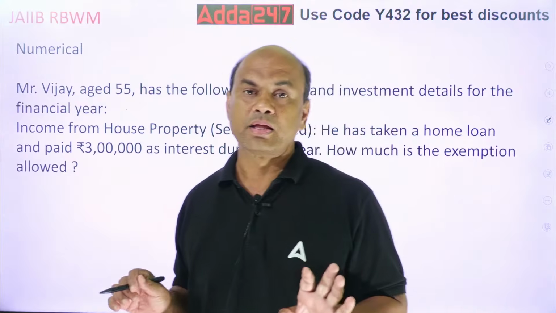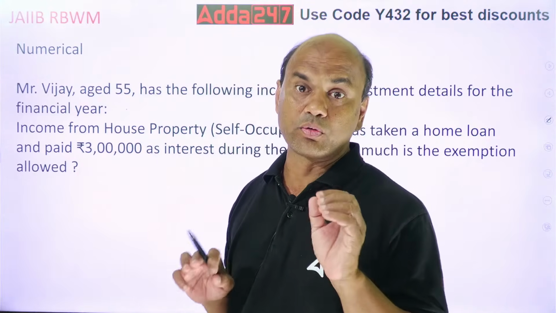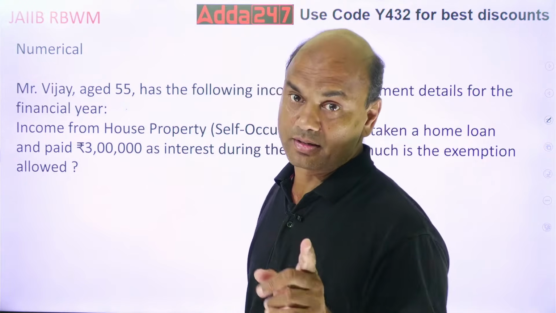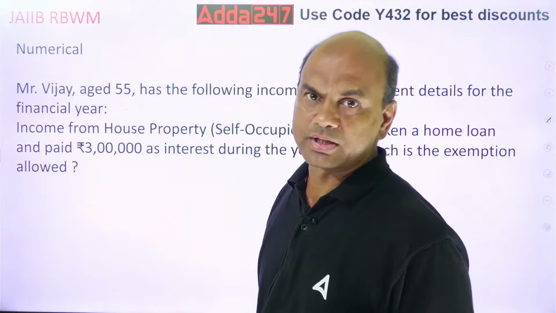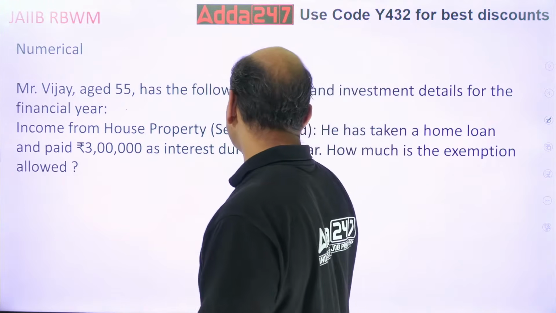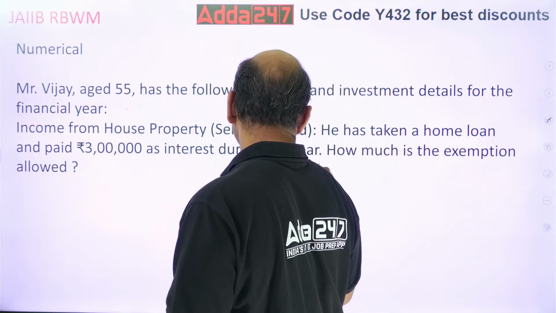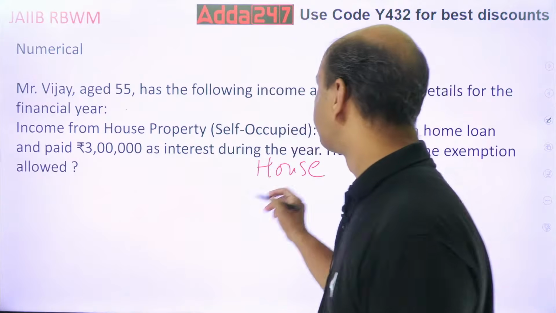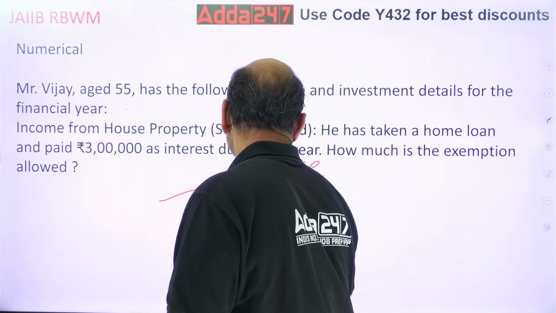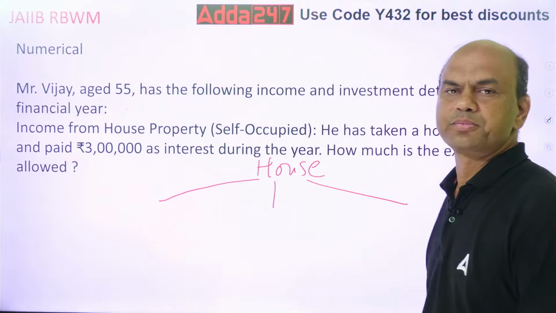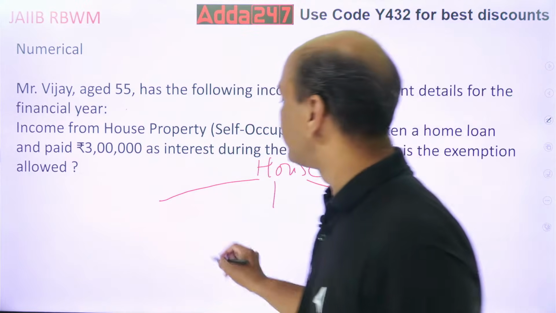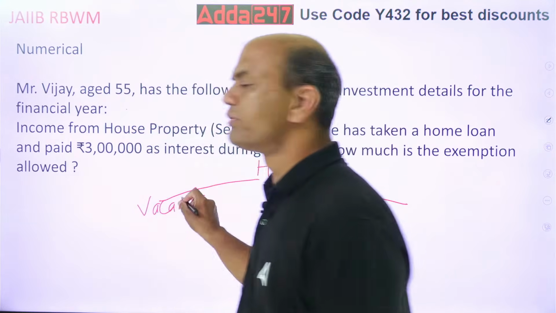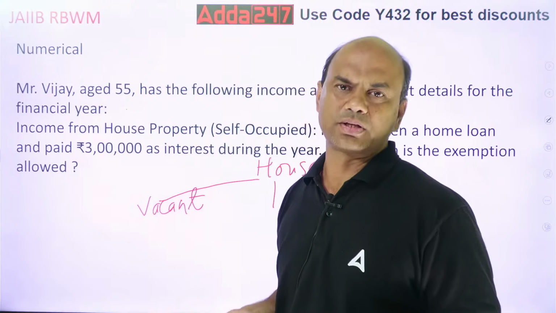Agreed. Now one concept I'll clear. One doubt in your mind: exemption is there, 2 lakh, but there is a problem in that. What is that problem? See, if I'm having a house, pay attention everyone, I can do only 3 things.